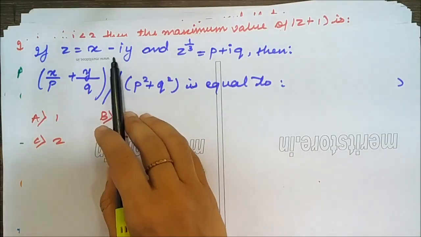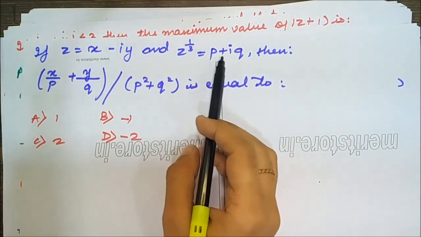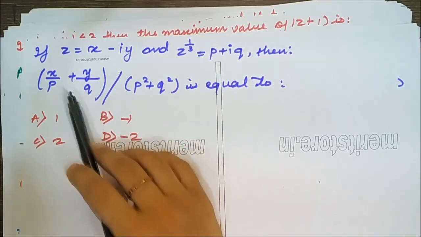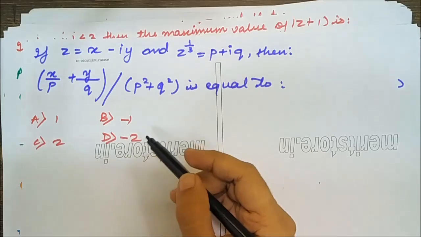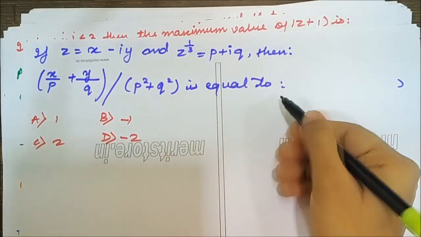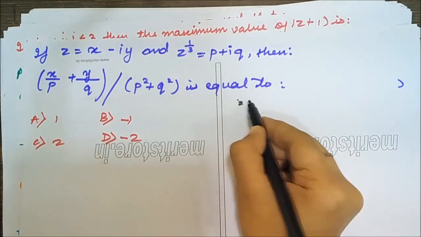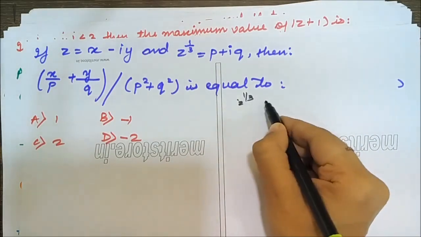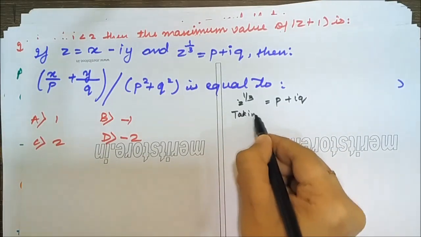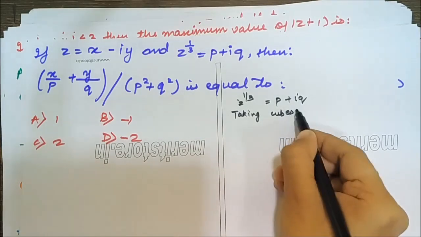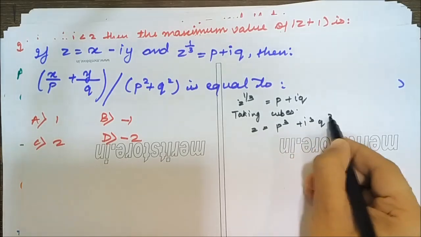If z is equal to x minus iy, z raised to 1 upon 3 is equal to p plus iq, then x upon p plus y upon q, divided by p square plus q square, is equal to what? So, cubing, z to the power 1 upon 3 is equal to p plus iq. To remove this cube root, I am taking cubes on both the sides. What you get is z is equal to (p plus iq) cube.